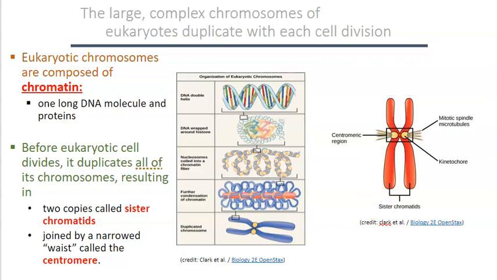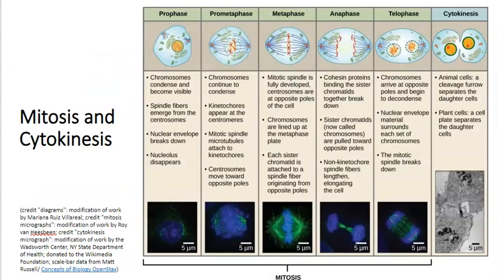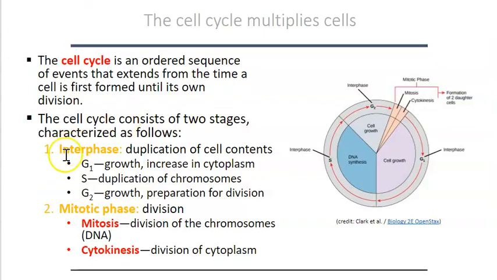So assuming we take a quick peek here, we're in gap 1. This cell is doing normal growth, increasing cytoplasm. We've now duplicated our chromosomes, going from the unduplicated state to the duplicated state, so now we have 2 copies of each chromosome.